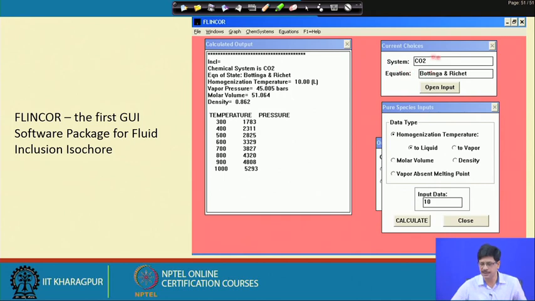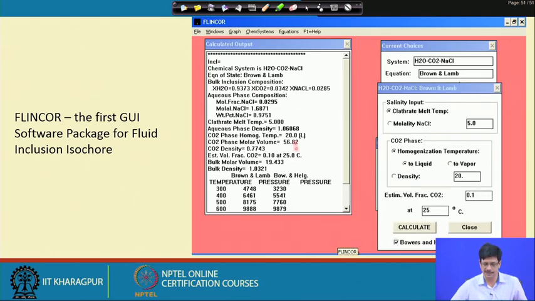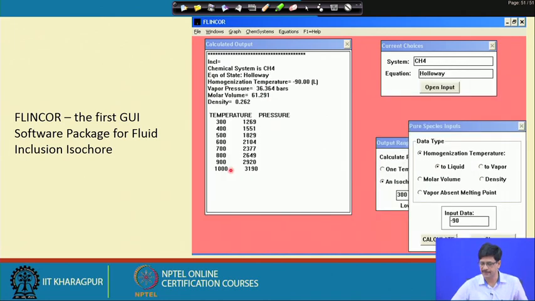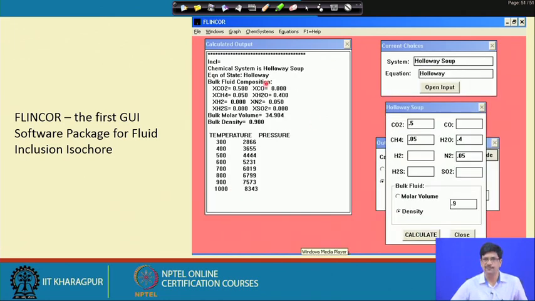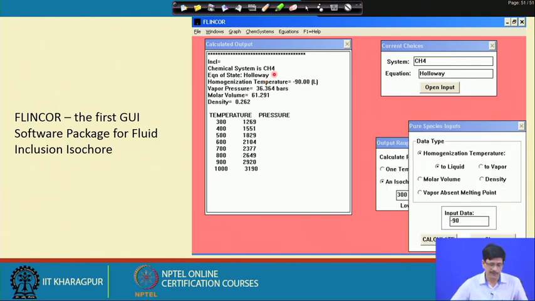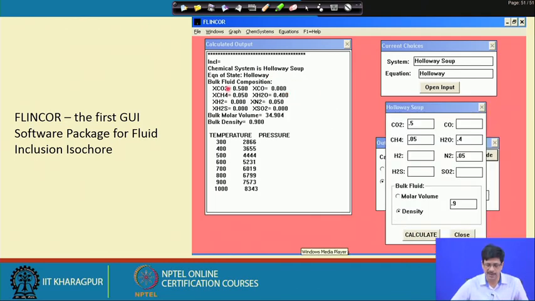Similarly, this example is for pure CO2, and whatever formulations were available at that time for CO2 were to be chosen by the user, and the calculations and the isochores would be displayed. There were many systems available at the time, like methane, and a fluid mixture like carbon dioxide, methane, hydrogen, H2S, CO, H2O, N2, SO2.